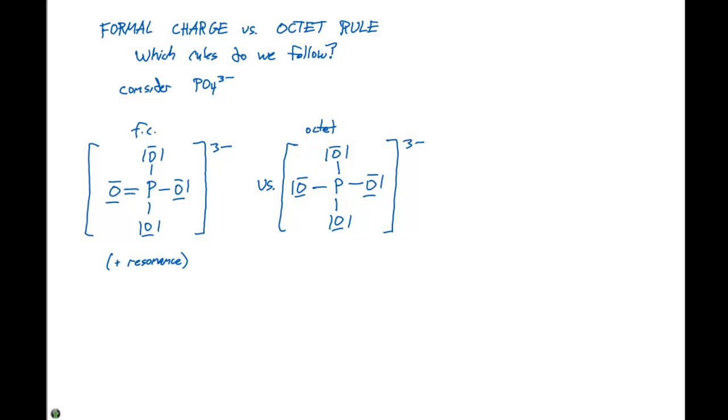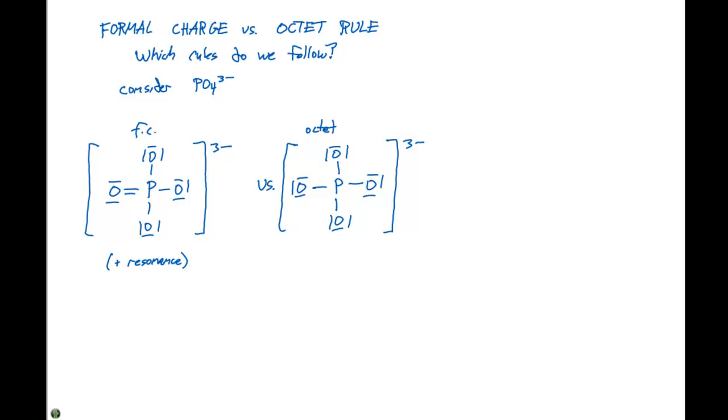And there's a continuing debate over which molecule here that chemists would prefer as the dominant structure. Some chemists claim it's the one on the left. Others will claim that it's the one on the right.